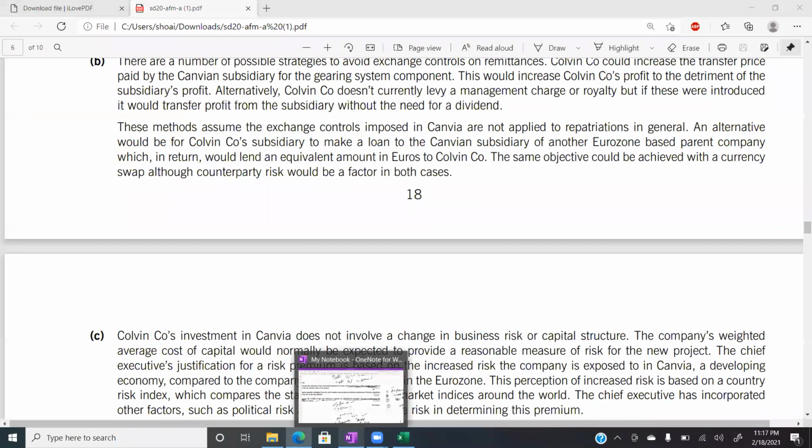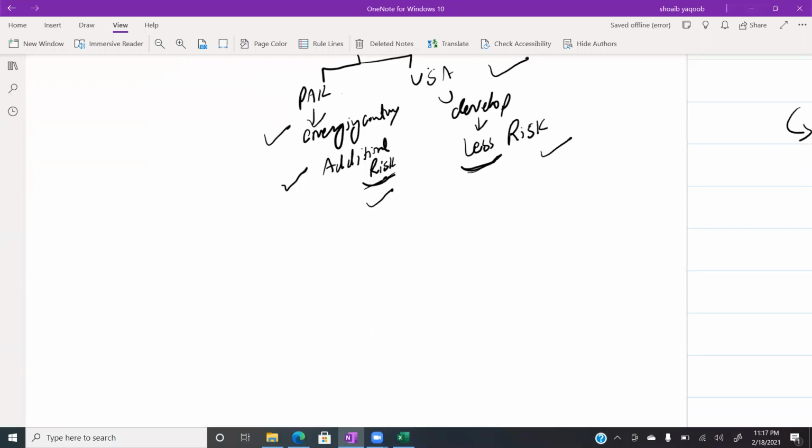Okay, repatriation means, let's suppose you are in the UK and you have invested in India. You have opened a subsidiary in India.